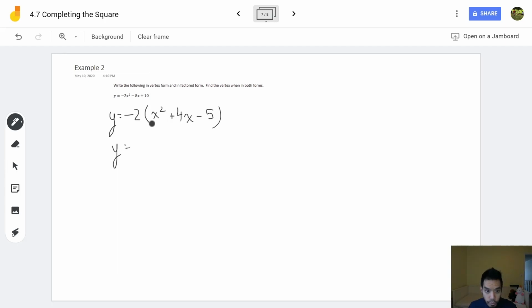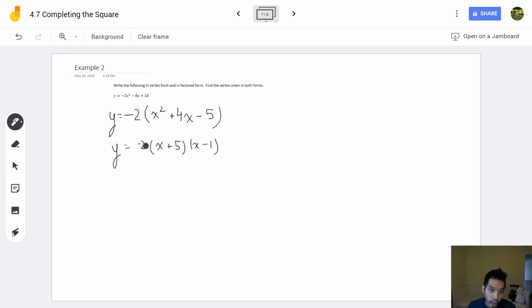And now we do some trinomial factoring. We find two numbers that multiply to -5 and add to 4, and that would be plus 5 and -1. Because 5 times -1 gives you -5, and 5 minus 1 gives you 4.